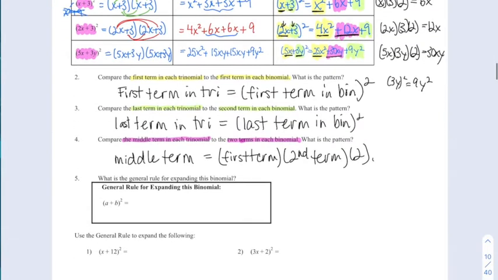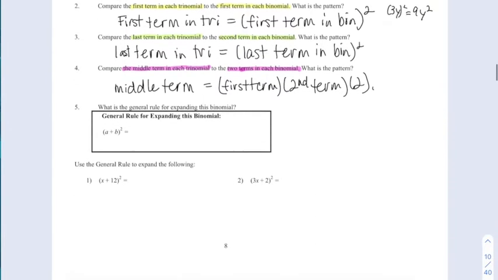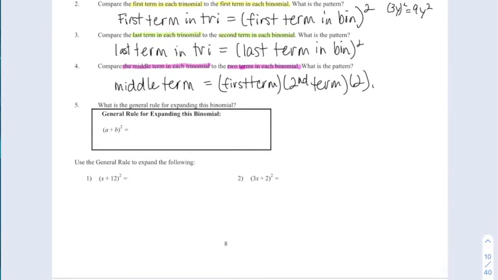So if I were to take a new binomial, a plus b squared, and I were to try to expand that using the pattern, well, I would know that my first term in the trinomial is a squared, my last term in the trinomial is b squared, and my middle term is going to be 2 times a times b.